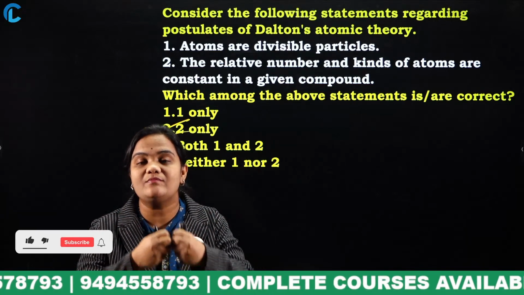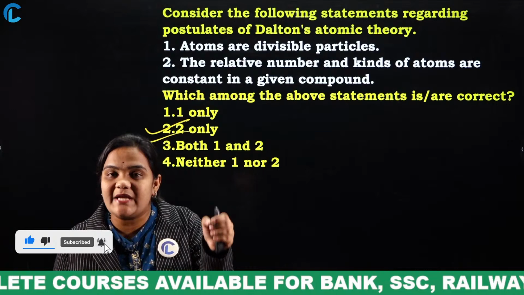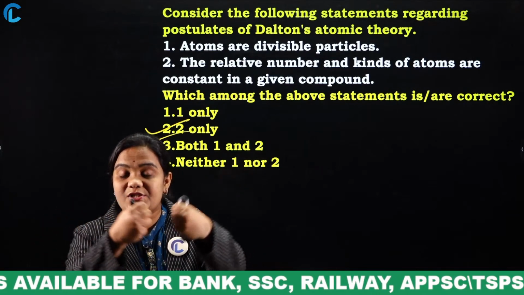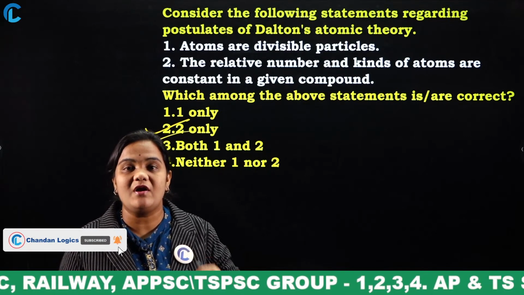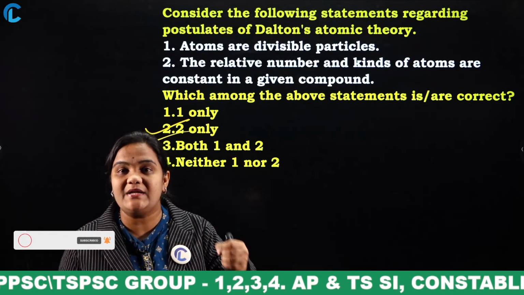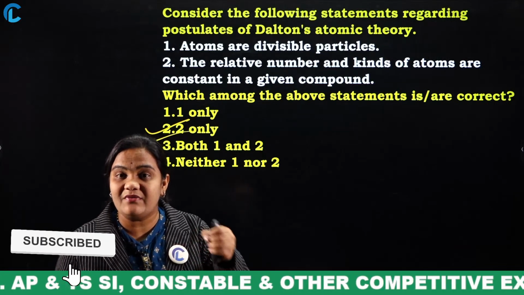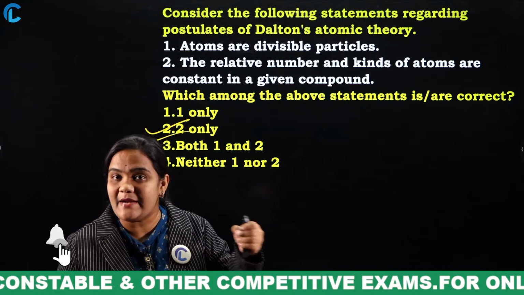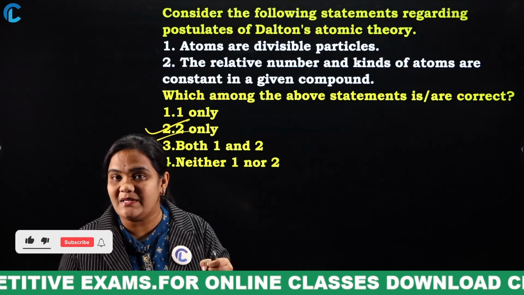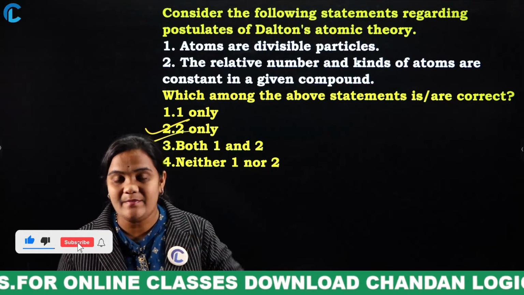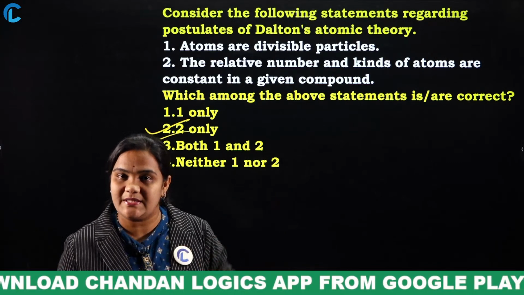The combination of atoms can form a compound. Different elements have different mass and properties. Atoms of the same element have the same mass and properties. These are some of the postulates of Dalton's atomic theory.